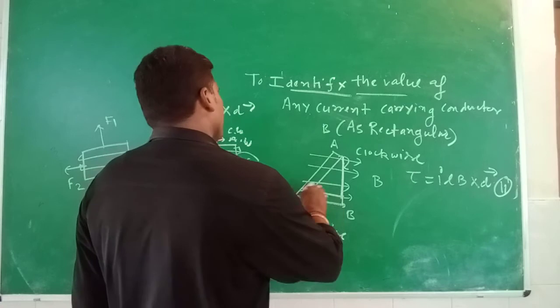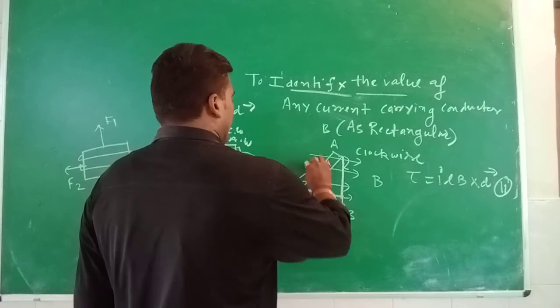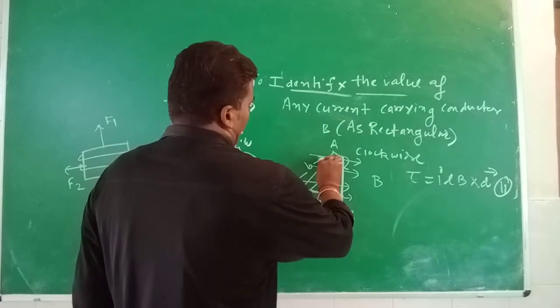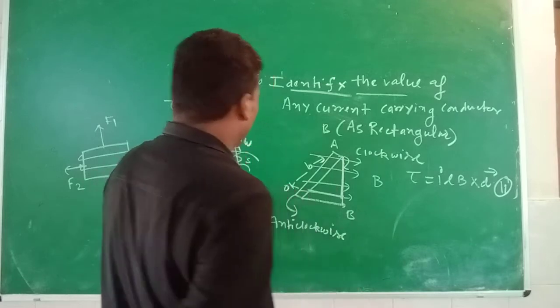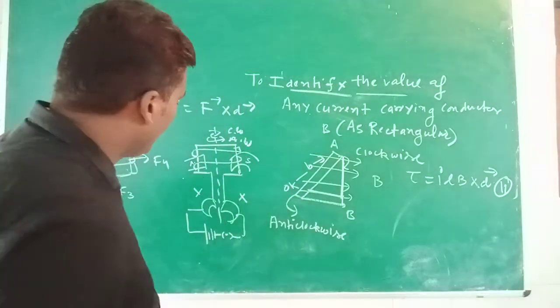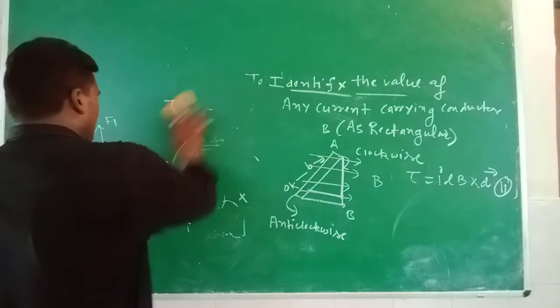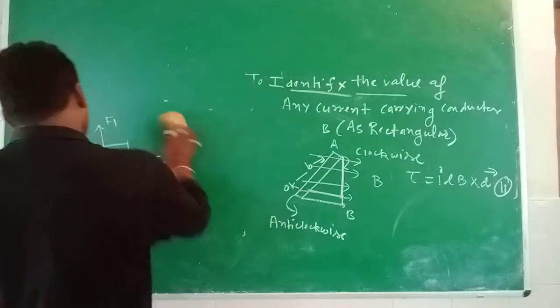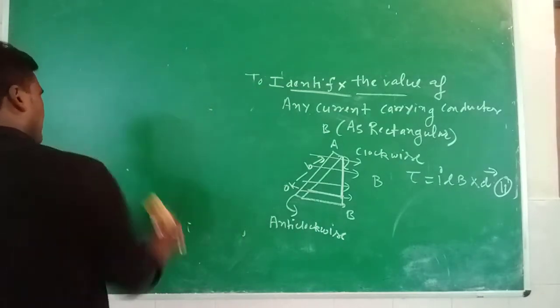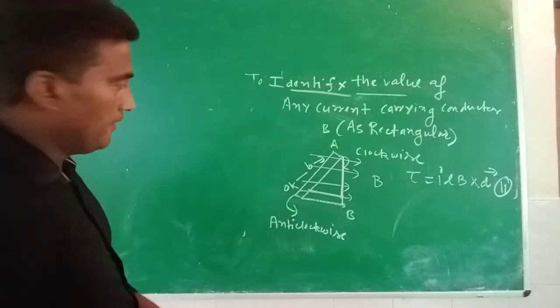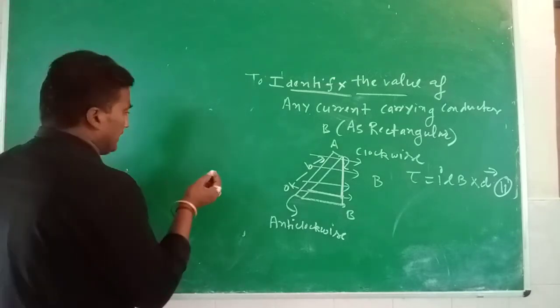The component is B, that is the displacement between O and A, and we identify the value of displacement with the help of the given current carrying conductor.